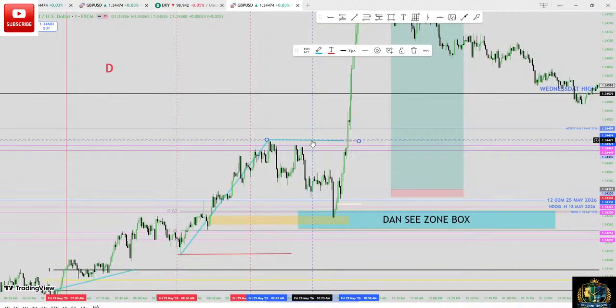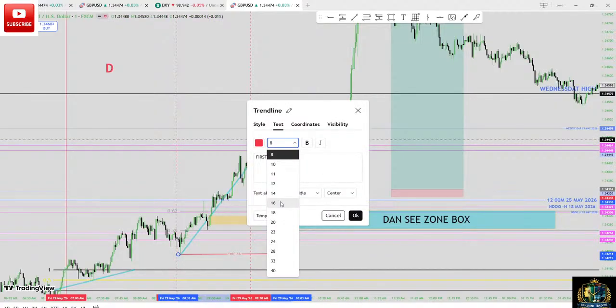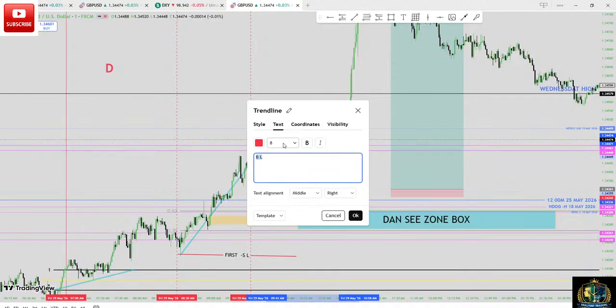First sell side liquidity, right center, 10, enough. Change the color to black. You can see this is the first sell side liquidity and this is buy side liquidity. 14 is enough. I want to change it to black too.